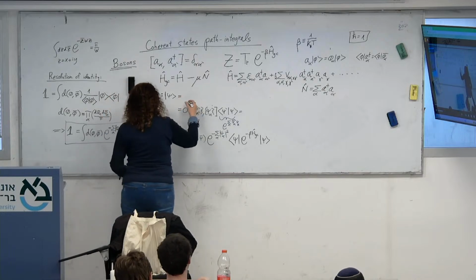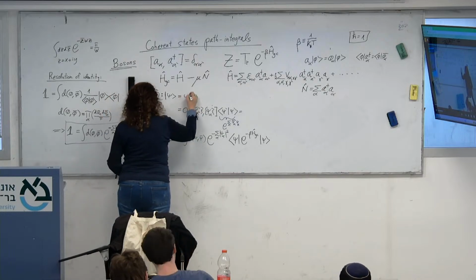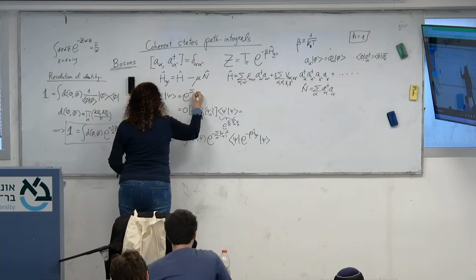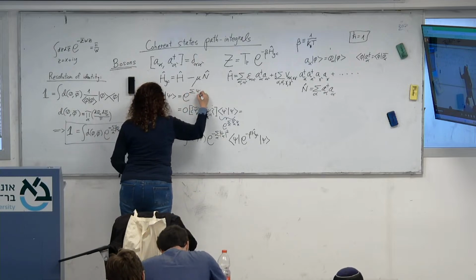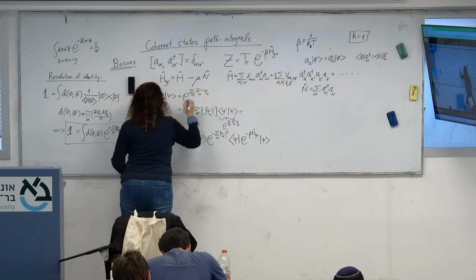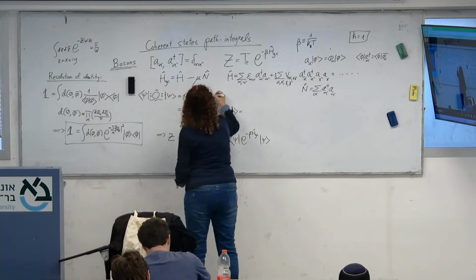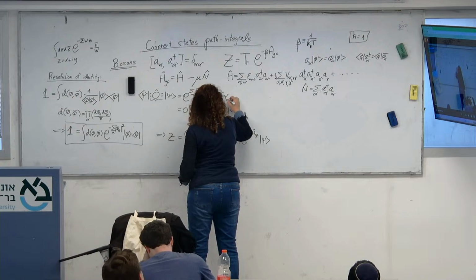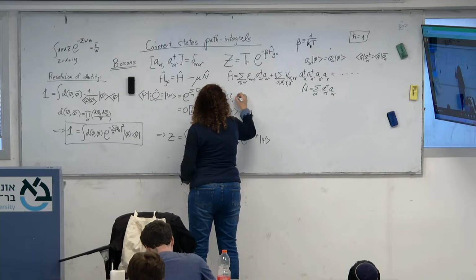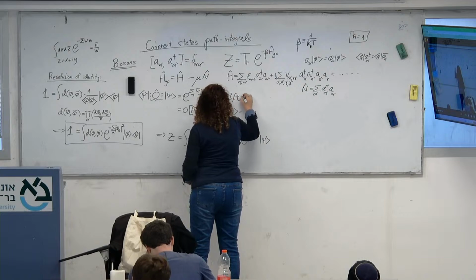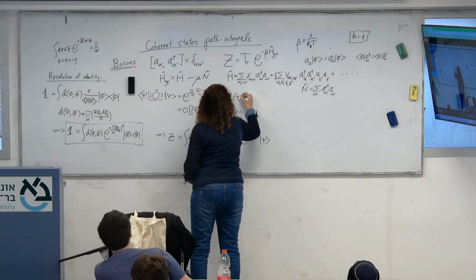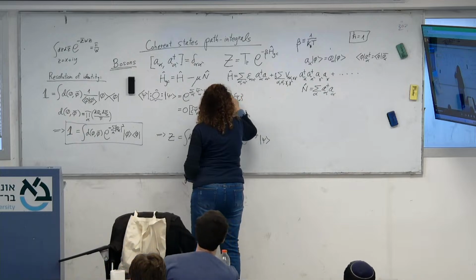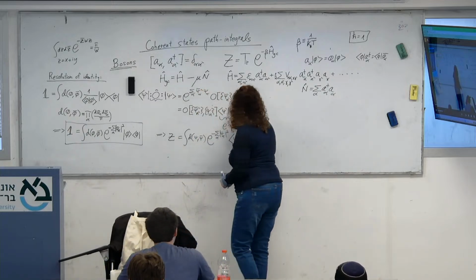So this is giving us e to the sum over psi alpha prime bar psi alpha times O of psi prime bar and psi.